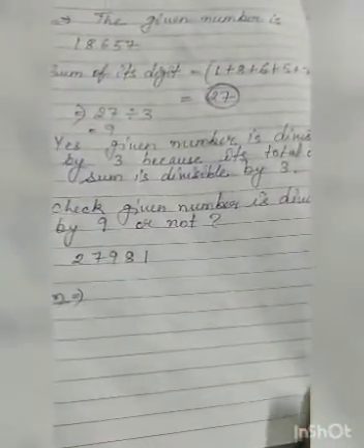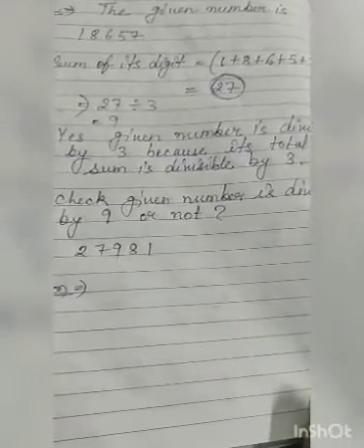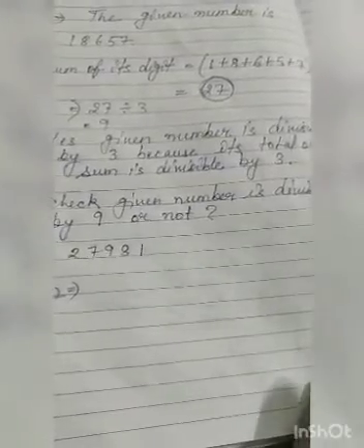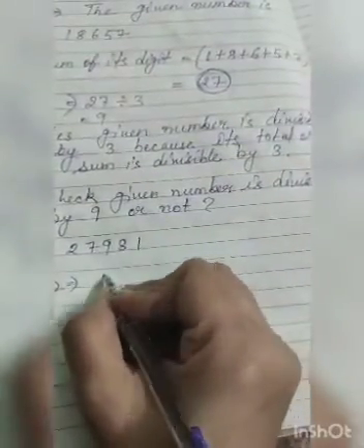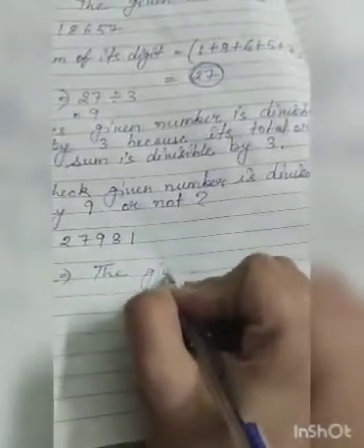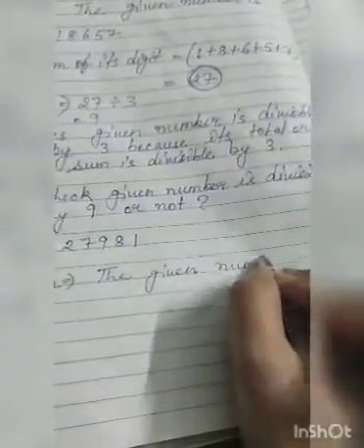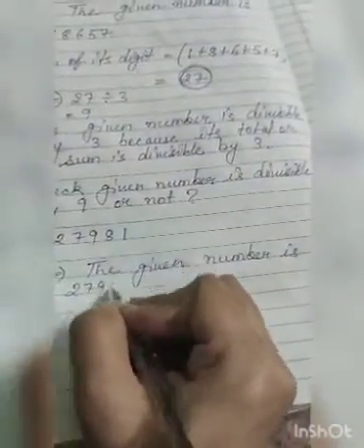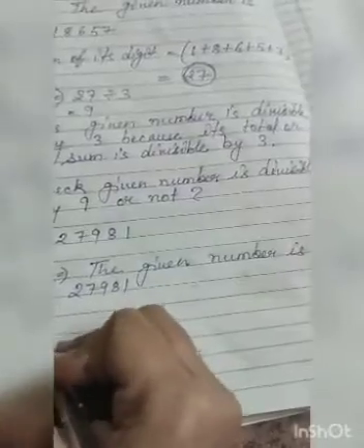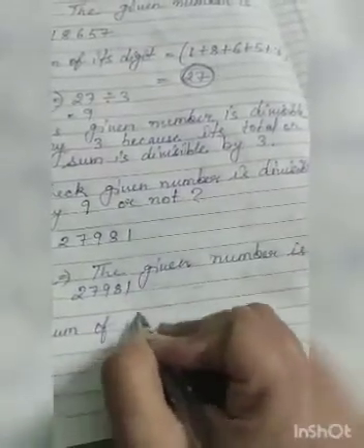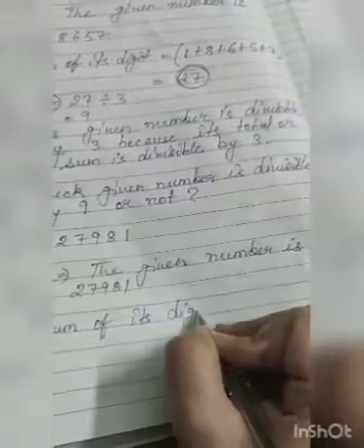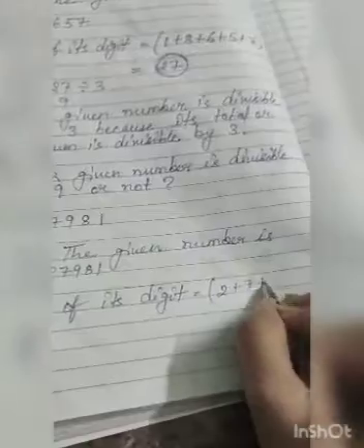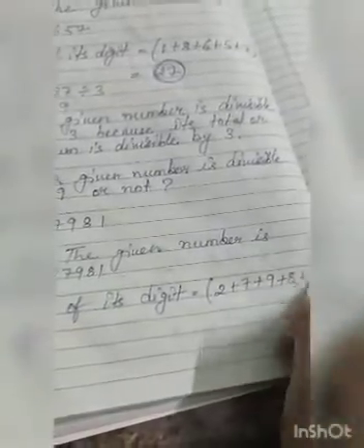So the rule for 9 is a given number is divisible by 9 only when the sum of its digits is divisible by 9. So right here the given number is 27981. Sum of its digits equal to 2 plus 7 plus 9 plus 8 plus 1.